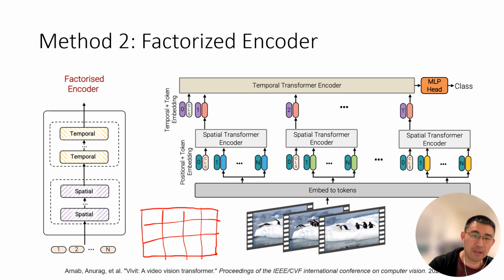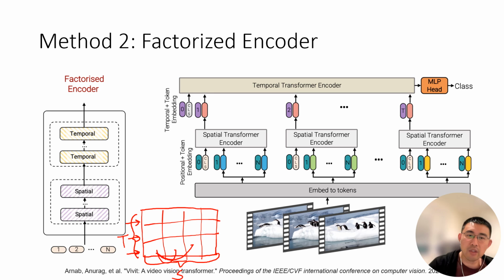So again, we have our examples. Let's say this is spatial, this is temporal. What could happen here is, first of all, we're looking at every time, well, not frame, but time block, right? For every block, we are going to look at the spatial attention only.